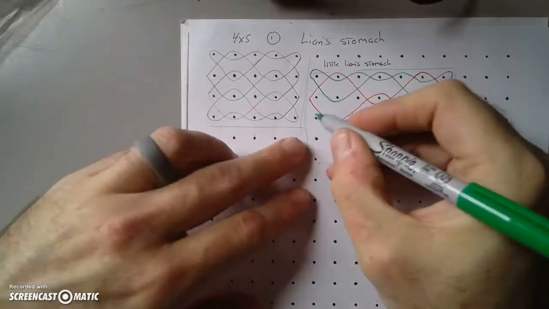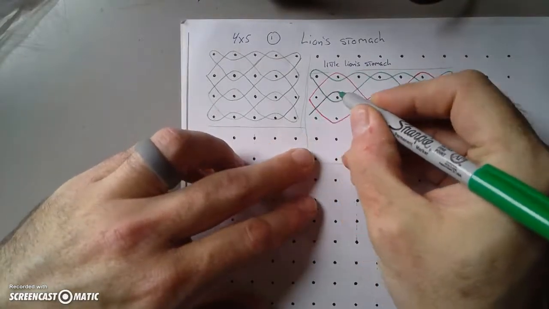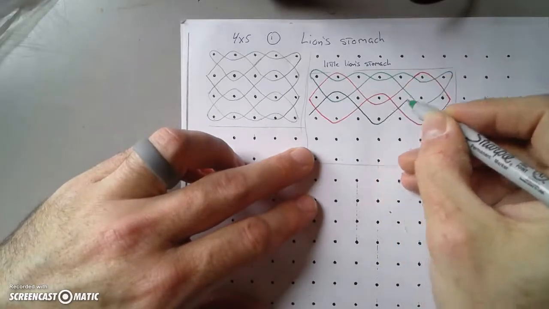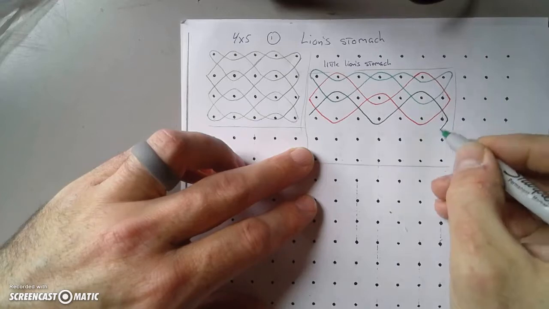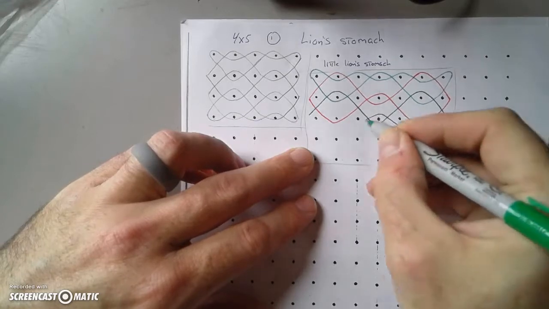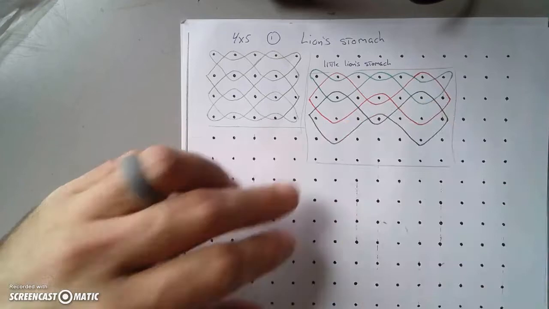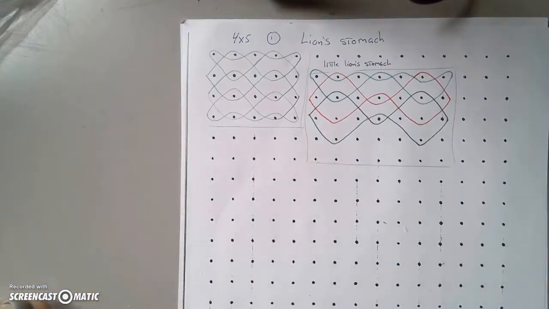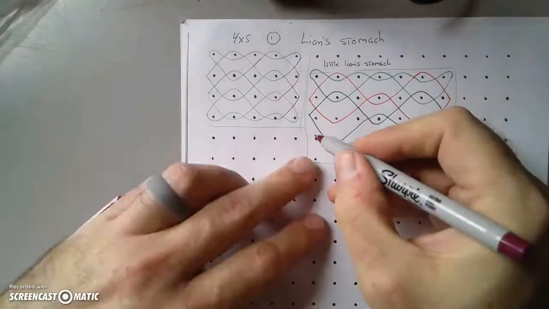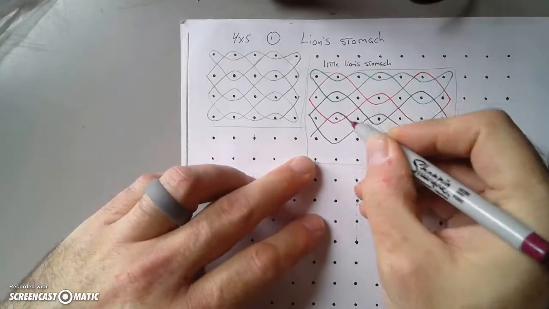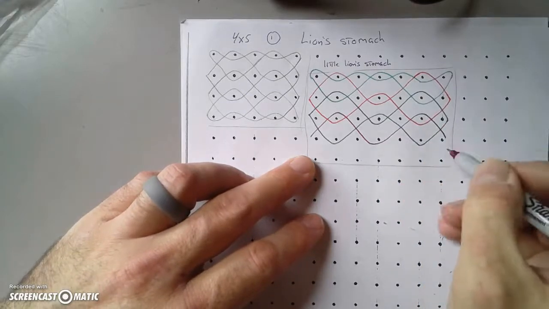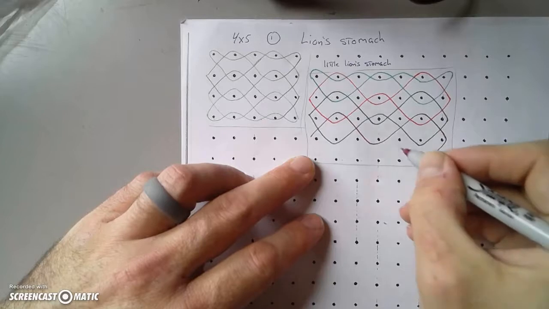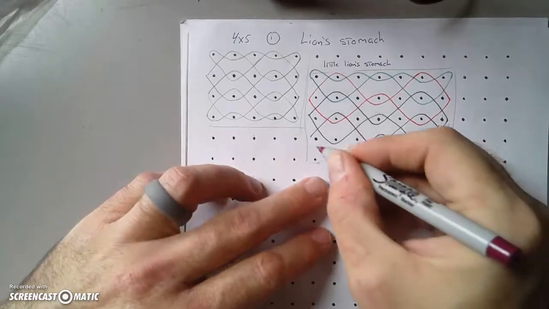So let's do another one. I'll start up here. So up, and then down, and then up, and then down, and I'm at a side, so I reflect if there's room: down, and then up, and then down, and then up. That completes a curve. Another color, go up again, up, down, up, down, and then I'm at a side, so I reflect if possible: down, up, down, up.